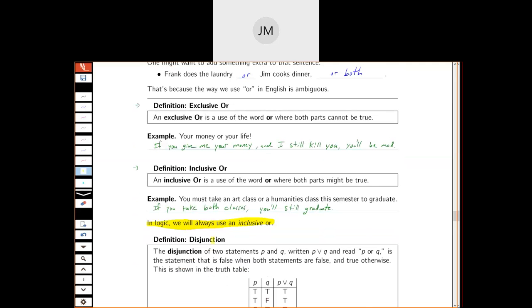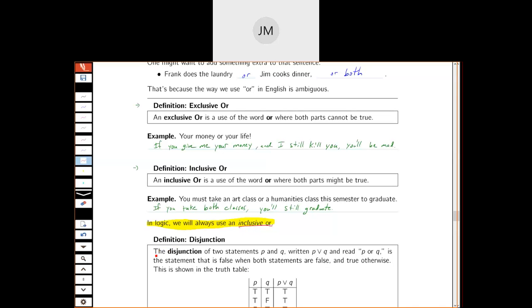It's sort of like its own thing. To help keep down on the confusion, since we're just getting introduced to symbolic logic, and this is just one unit, not a full class, we're going to avoid that other thing. So in this class, we're always going to use an inclusive or.